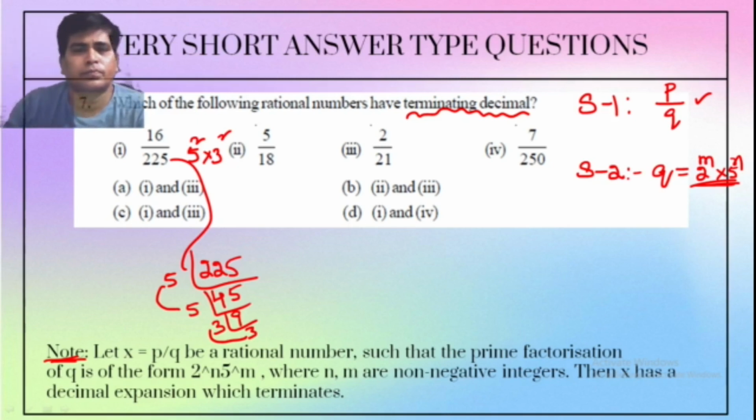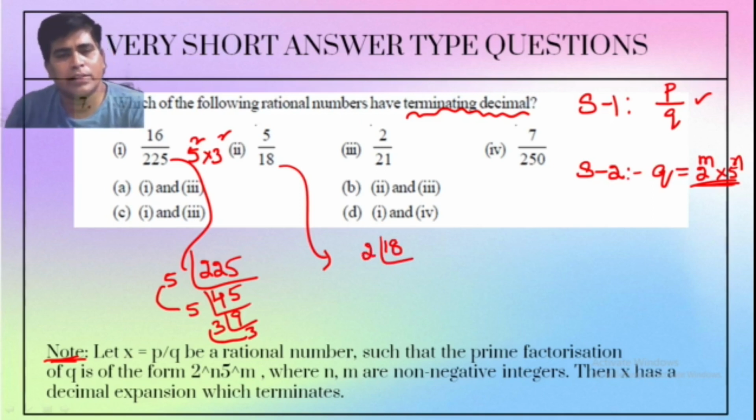Now, similarly, I will write 18. Find the prime factorization of 18, product of prime factors. It goes by 2 table because it is an even number. 2 nines are 18, and 9 goes by 3 table, 3 threes are 9.